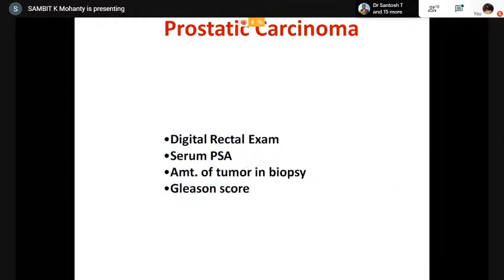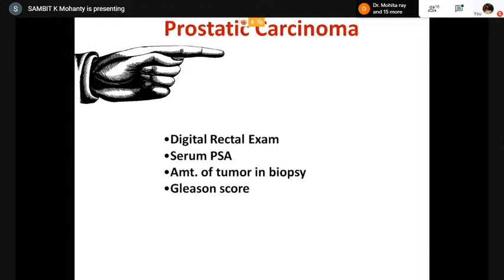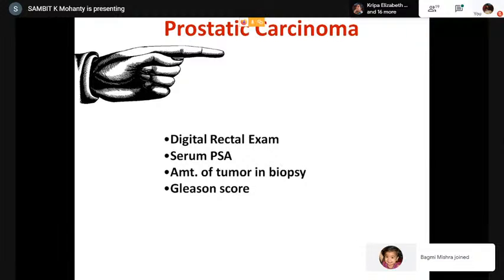So, not wasting time. Prostate cancer was a relatively easier disease. We have digital rectal examination, serum PSA, and you can do the examination. There is a hard nodule. People typically believe that in prostate cancer the size of the prostate is increased. Not true.